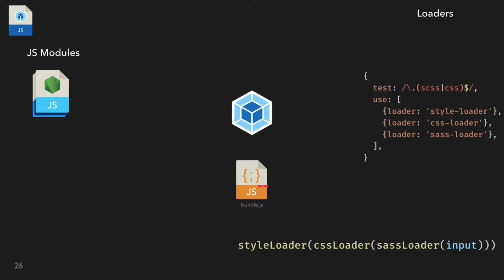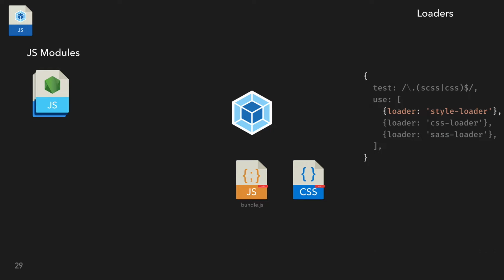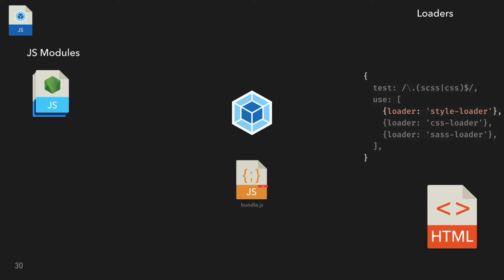So first we run our Sass loader, which compiles our Sass to CSS. Then we run our CSS loader, which translates our CSS to a CommonJS module, pretty much translates it to JavaScript. Next, we use our style loader, which creates a style node, pretty much converting our CSS into a style element. What it then does is inject it into our HTML. So now our HTML got bigger.